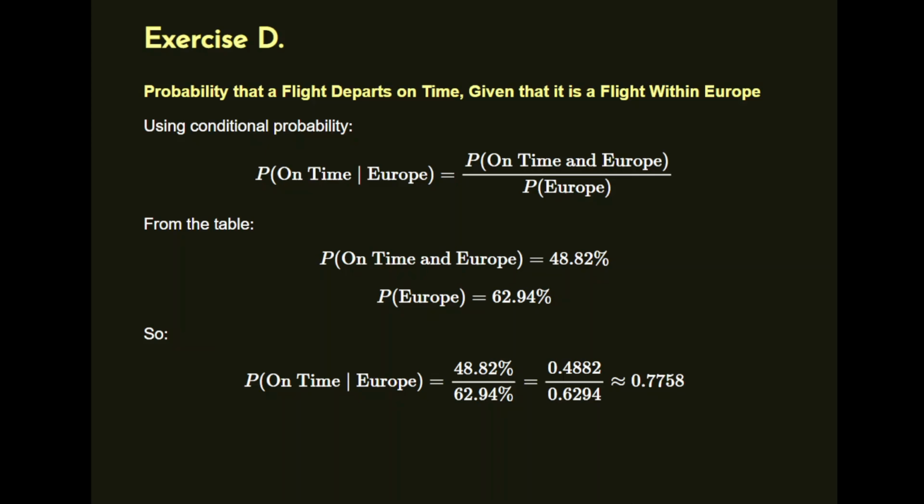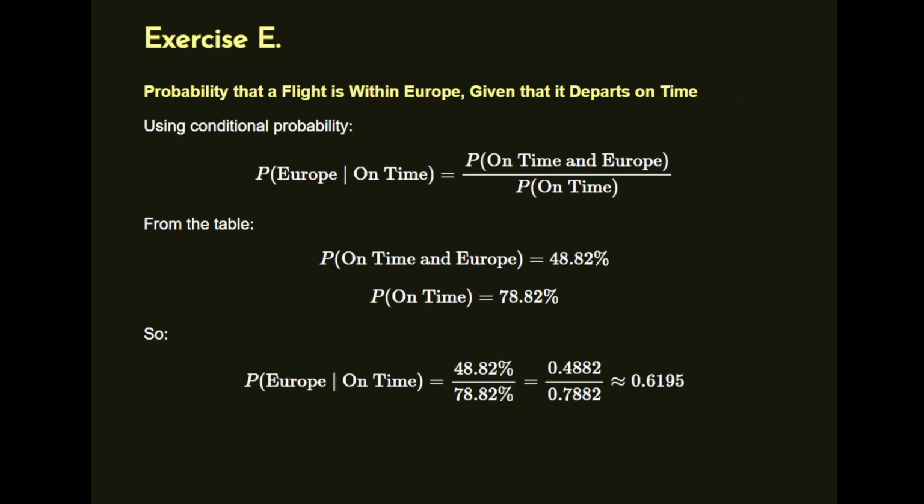Okay, so again, we're just looking at the flights that are destined towards Europe. And something similar here, the probability that a flight is within Europe given that it departs on time. It's actually just reversing things from the last exercise.